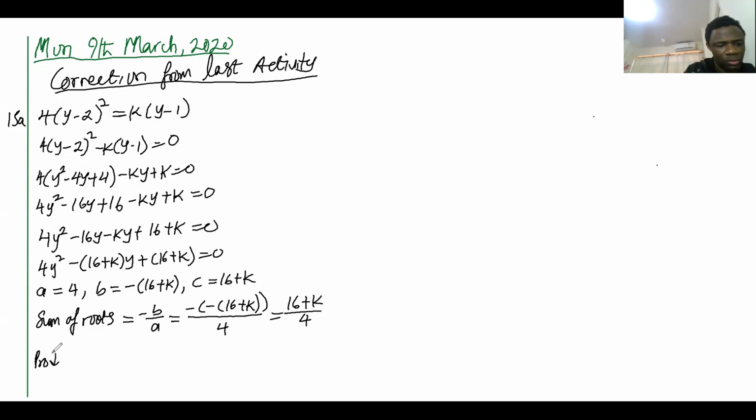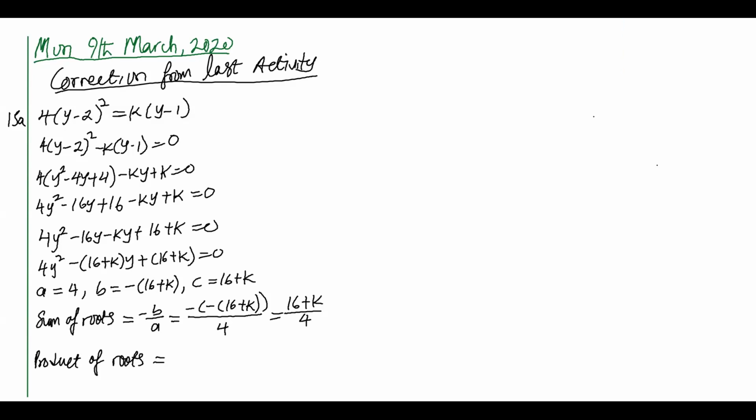Then product of roots is c over a. All right, c over a will be 16 plus k over 4.